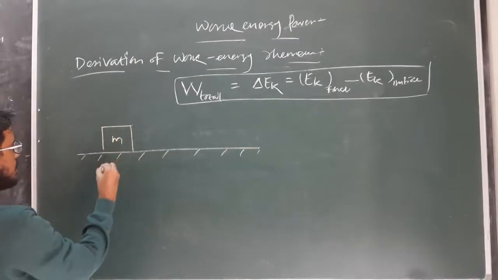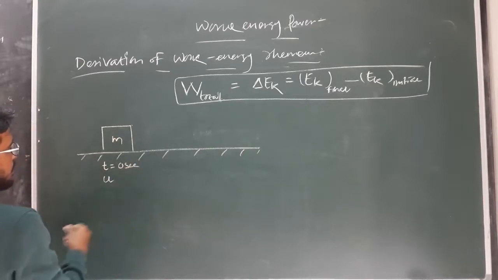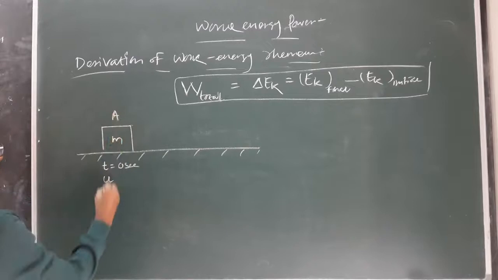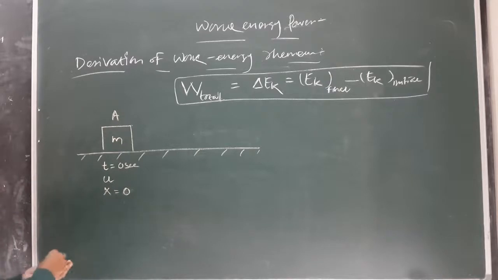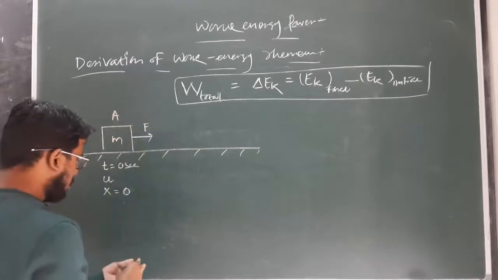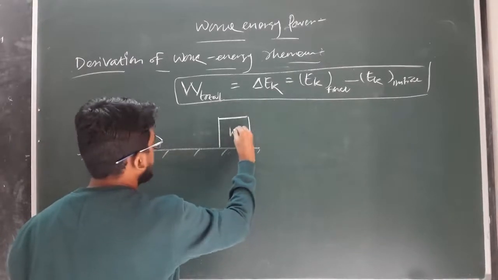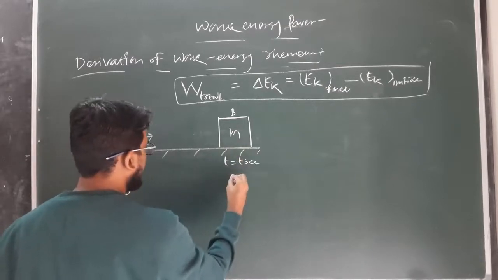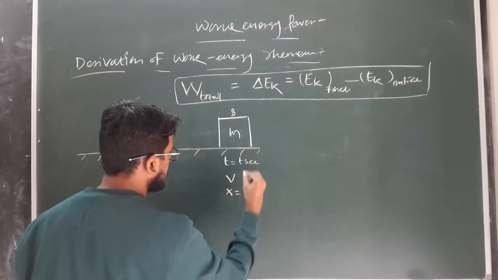Okay, and initially at t equal to 0 second, the velocity is u and the position, let the point be A, and the position x equal to x0. Due to application of an external force F, the block is displaced to a further point B. Here the time interval is t second, the velocity of the block is v, and its displacement is x equal to x naught.